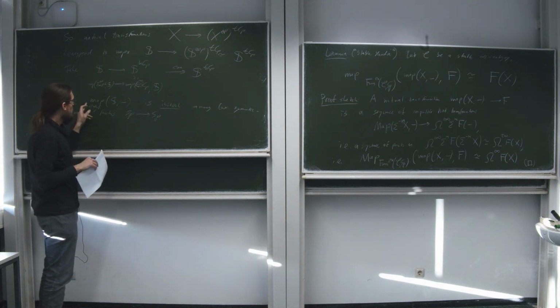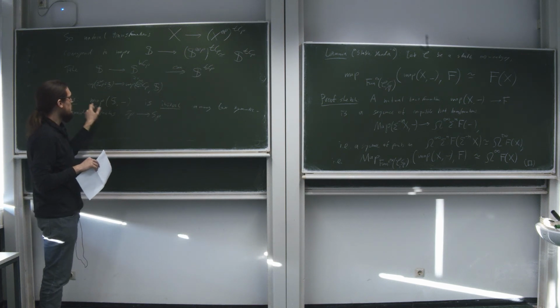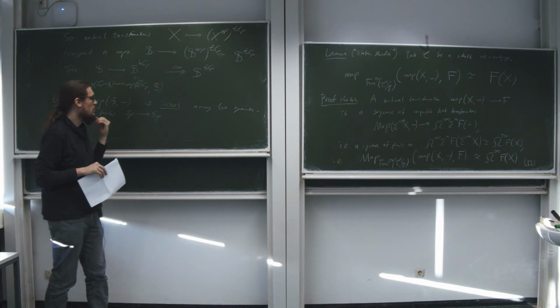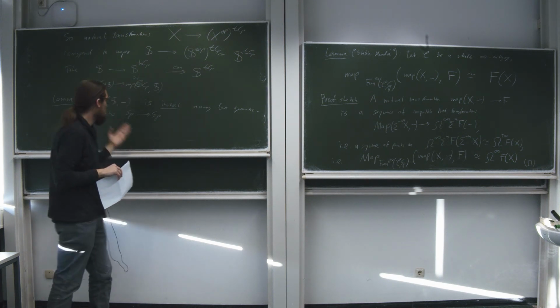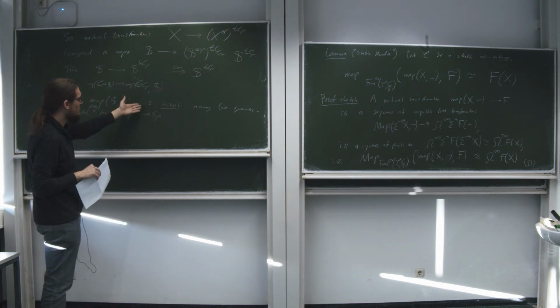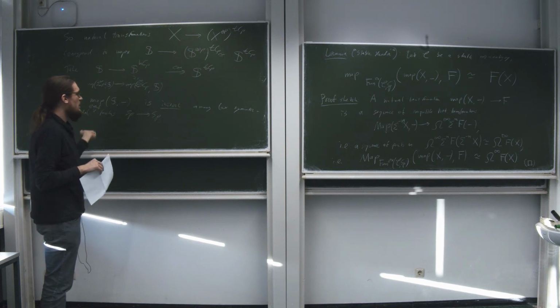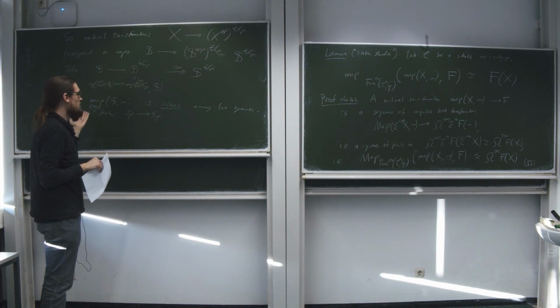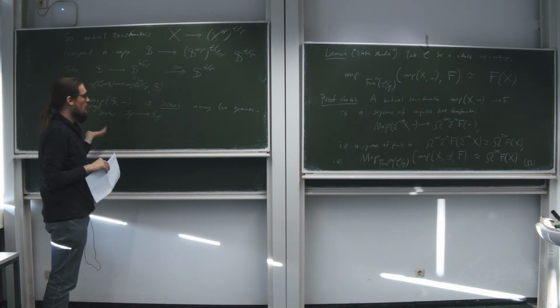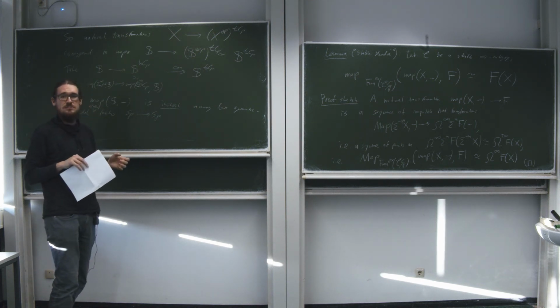And secondly, this thing co-represented by the sphere, by the monoidal unit, is actually the monoidal unit with respect to the Day convolution structure. And so if you believe that, then this lemma is obvious, because this is just saying that in any symmetric monoidal category, the unit is initial among commutative algebras.